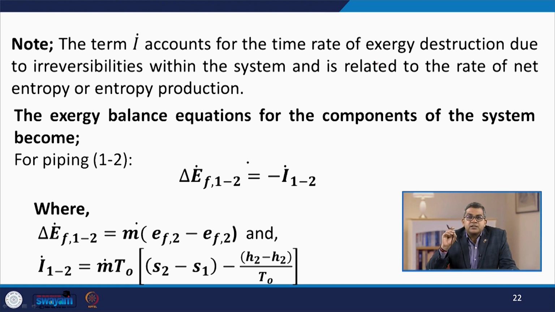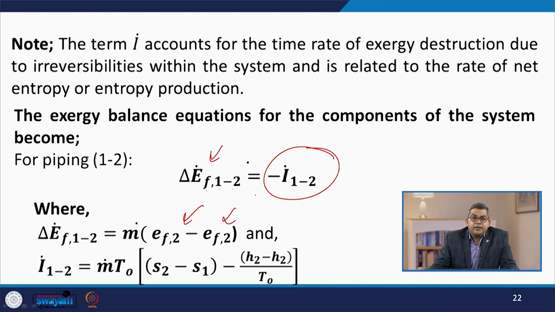So the exergy balance equation for the piping between station 1 and 2 becomes delta EF 1 to 2 equals minus I 1 to 2, where delta EF 1 to 2 is equal to m(EF2 minus EF1), that is m T0 into (S2 minus S1) minus (H2 minus H1) upon T0.